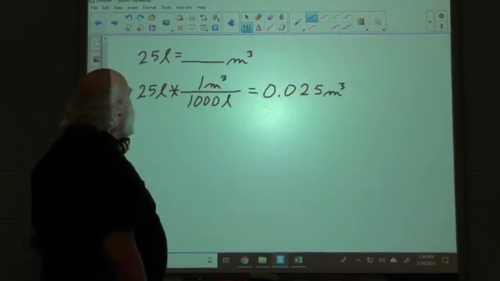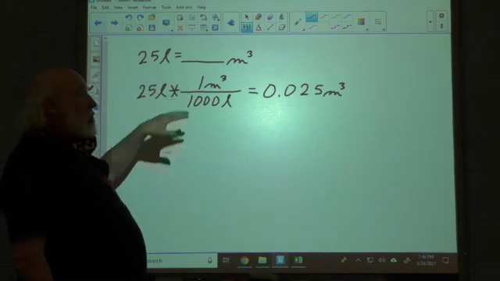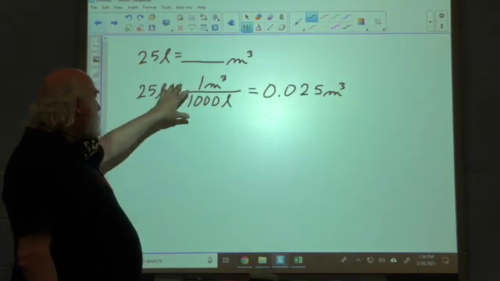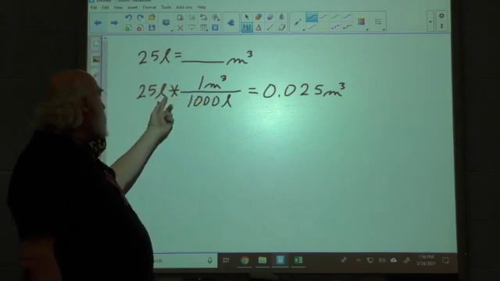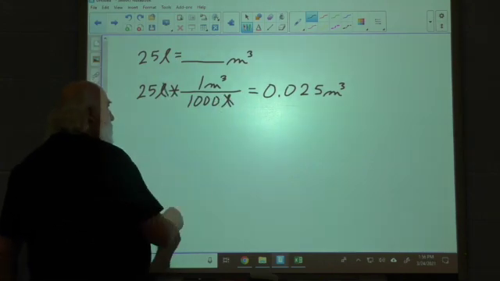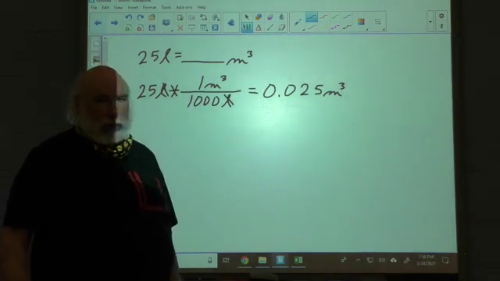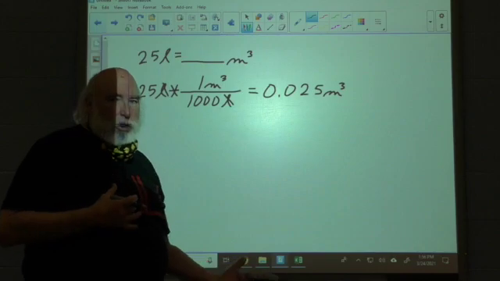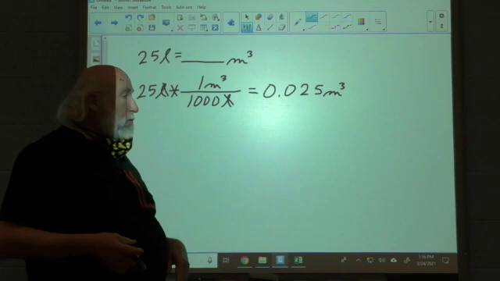So let's talk about the problem that we have in the script about wanting to know how many cubic meters there are in 25 liters.